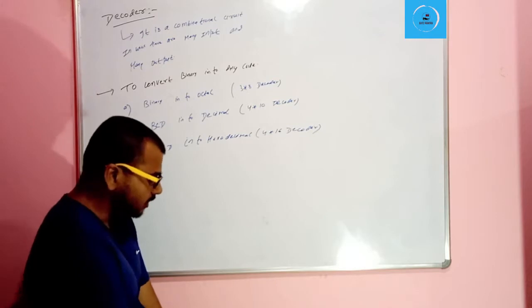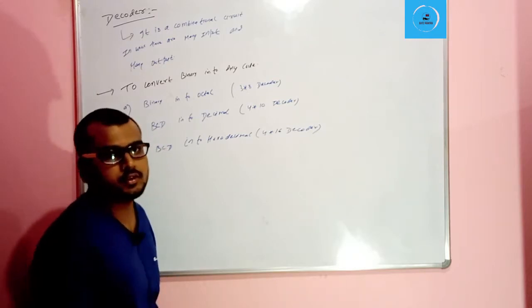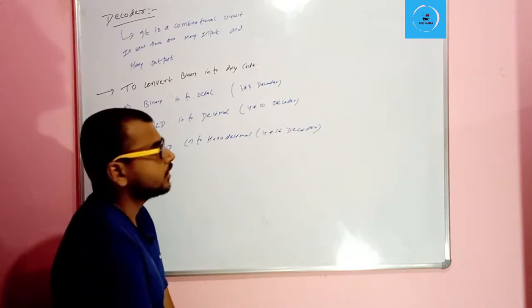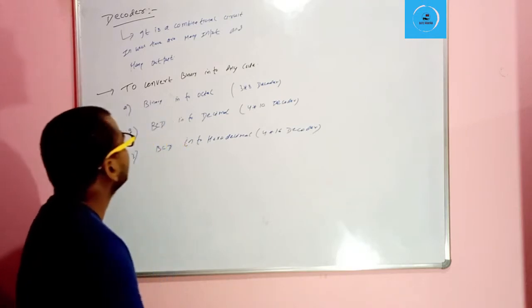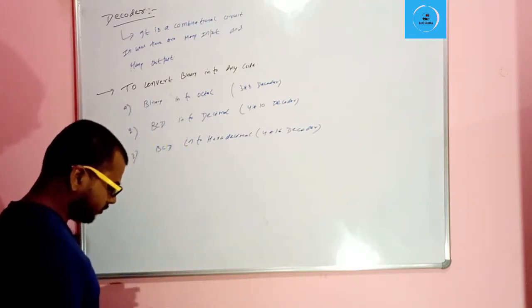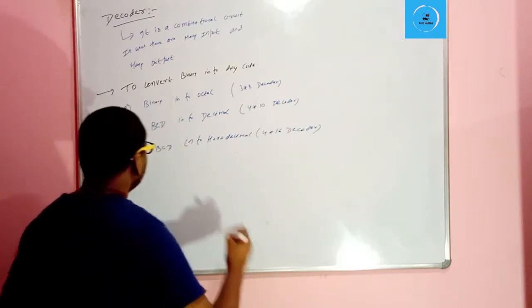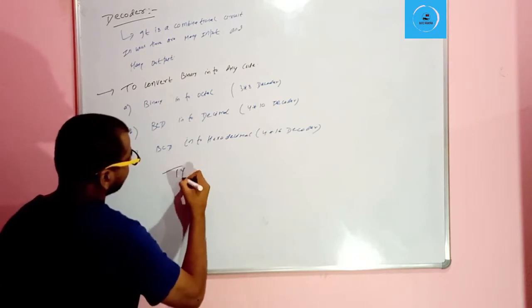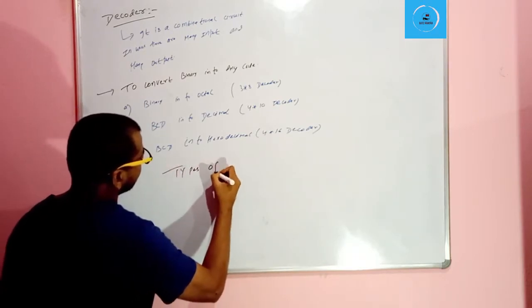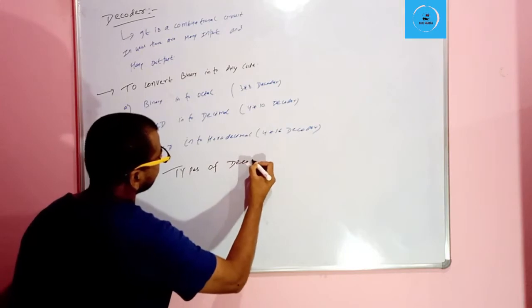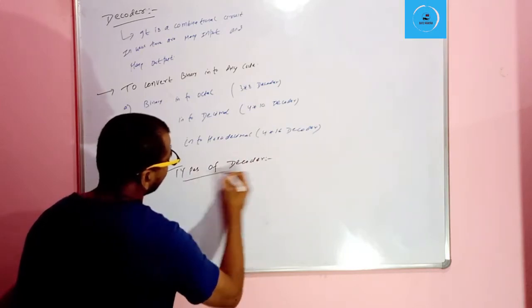Now we will see how many types of decoder there are. There are two types of decoder.